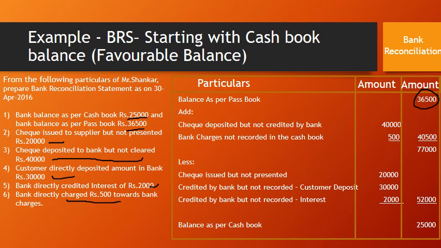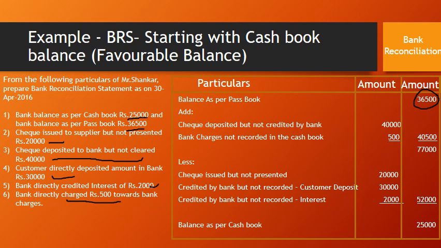Very simple reason. This transaction is already recorded in the cash book. Whenever we say check deposited, remember the process we discussed. First, when we receive a check from a customer, we record it in the books of account. It means we update the cash book and then deposit into the bank. The bank will send it for clearing, and after clearing they record it.